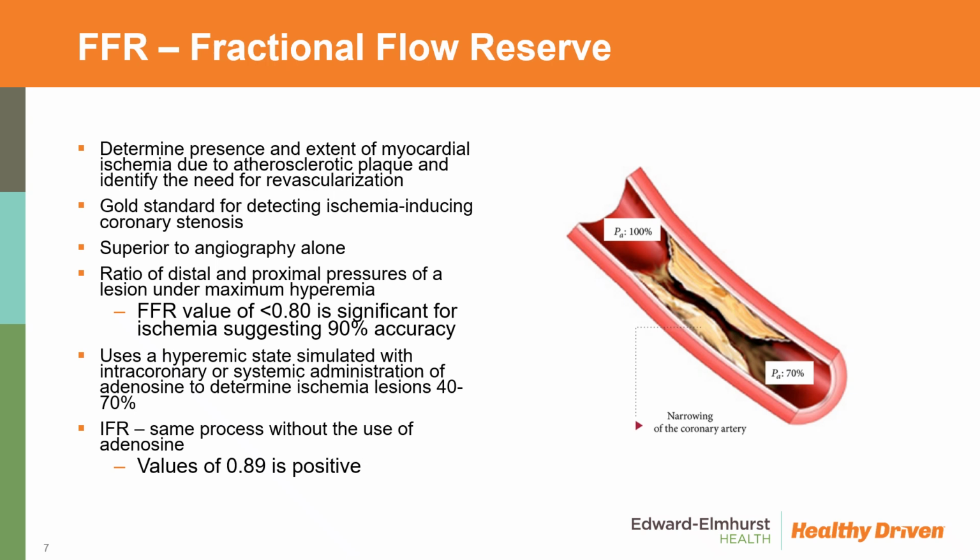So it's doing the exact same thing. I'm putting the wire down the vessel and measuring that pressure beyond the lesion and proximal to the lesion and obtaining a value. And so the iFR is the value without adenosine, and you're looking for a value of 0.89 or less, and that will be a positive indication that we'll need to fix that vessel.